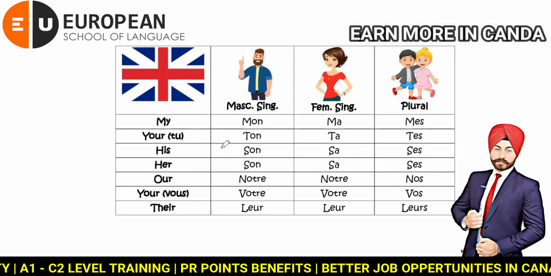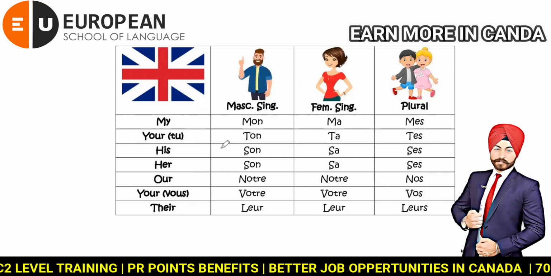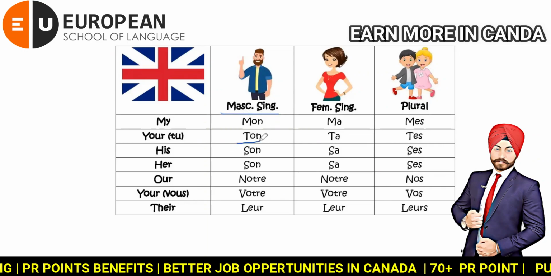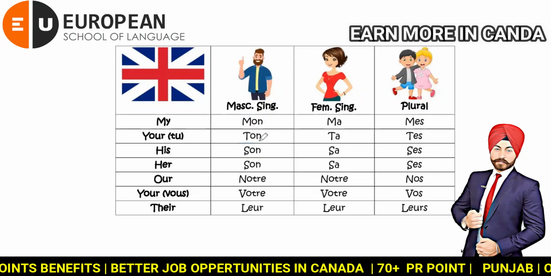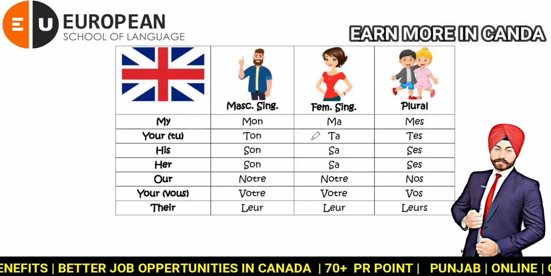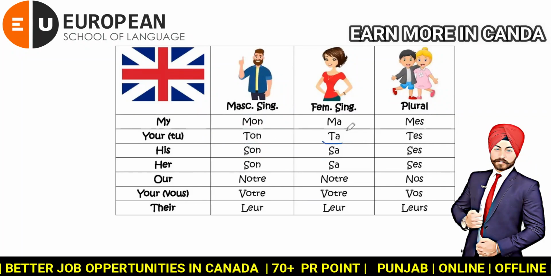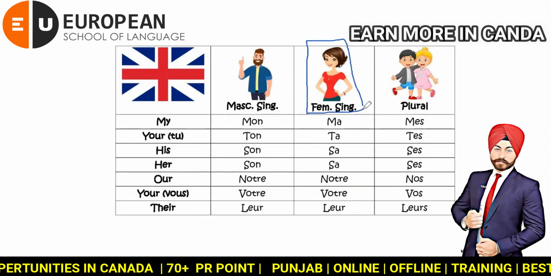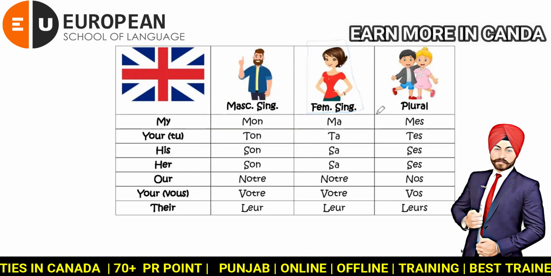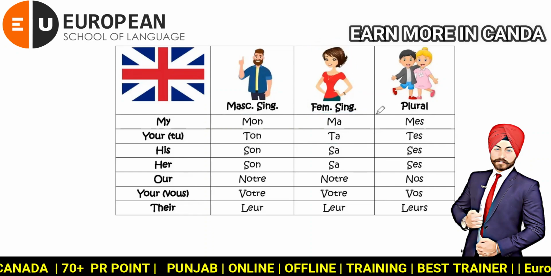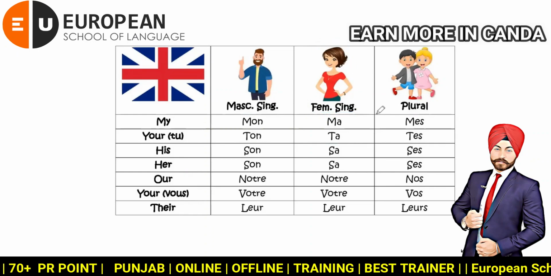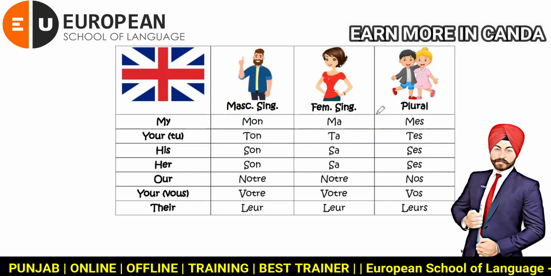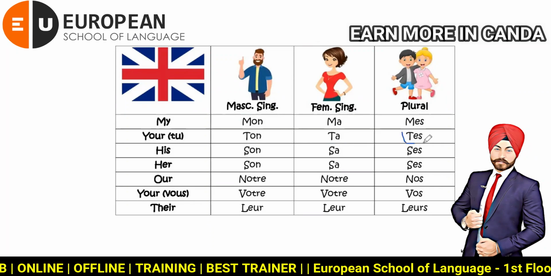And अगर मैं कहना चाहता हूं कि he is your father, the father is masculine thing, then we will use ton. And if I want to say she is your mother, then I will use ta. Why? Your mother, mother is a feminine gender. And if I want to tell someone these are your dogs or these are your pens, for that particular your I will use tes.